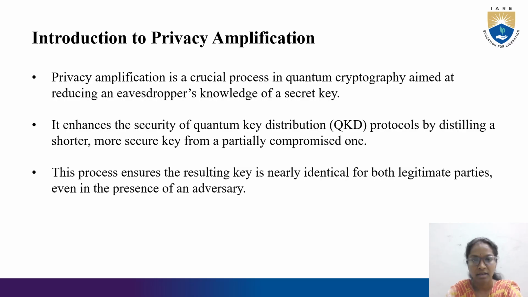It enhances the security of quantum key distribution protocols by distilling a shorter, more secure key from a partially compromised key. Mainly, cryptography is about sharing keys between the sender and the receiver while communicating between two users. They maintain two keys, that is the public key and the private key.